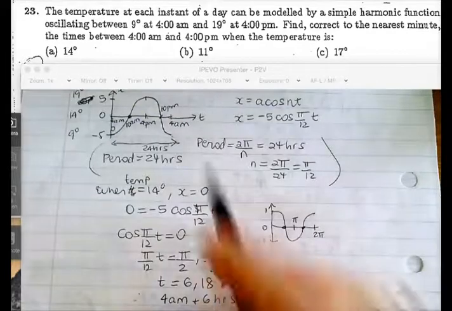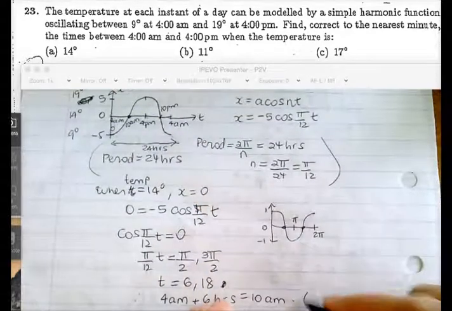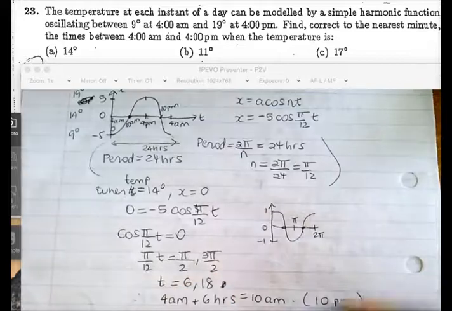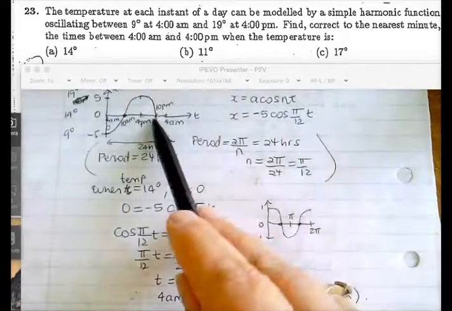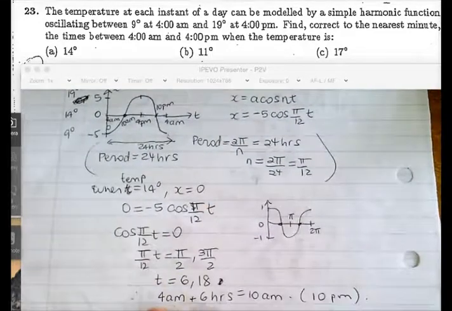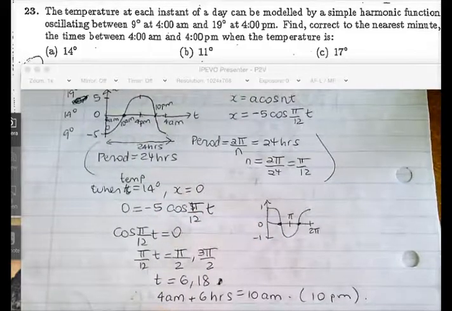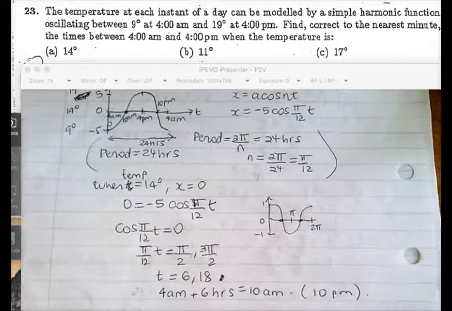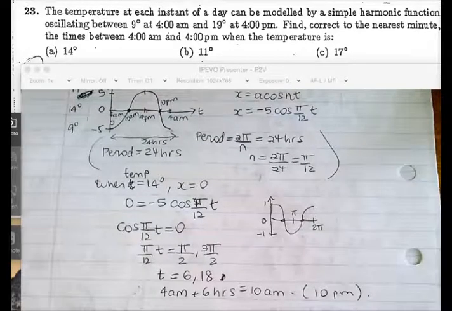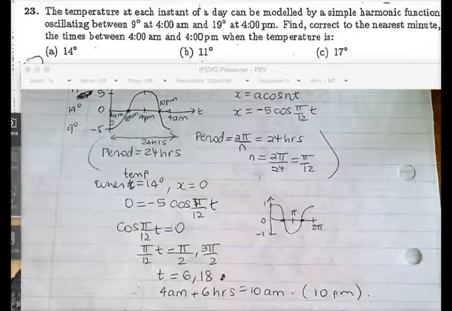Okay, so that's the first one. The other time's 10 p.m. if you want it. The other time would be 4 a.m. plus 18 hours, or just looking at your graph, you can see it's 10 p.m. Who doesn't get it? All right.